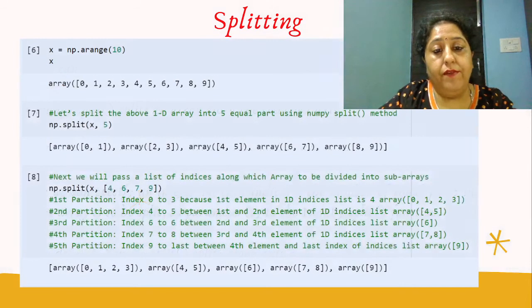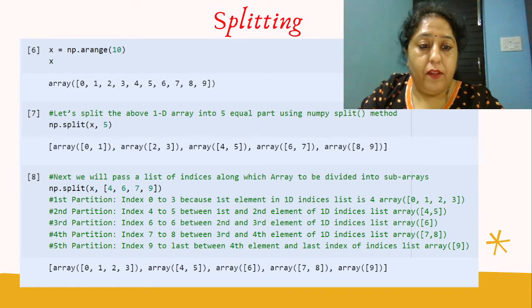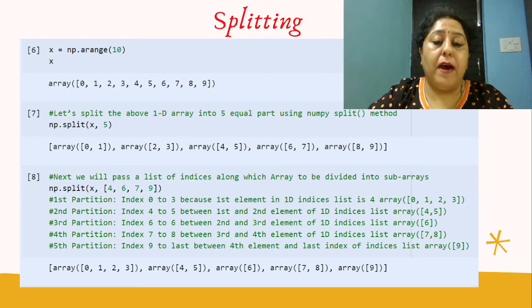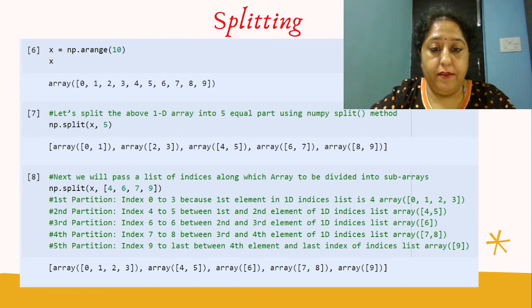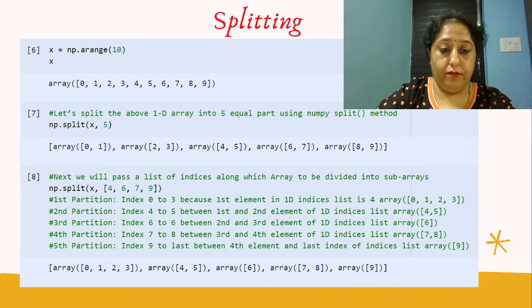Now moving further in the example, what happens if we pass a list of indices along which the array is to be divided into subarrays? That means we pass np.split(x, [4, 6, 7, 9]). The total number of elements in the list is 4, so it will have 5 partitions.